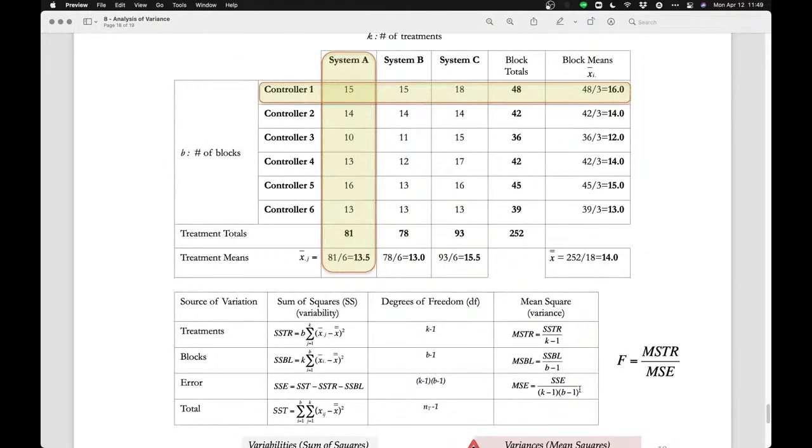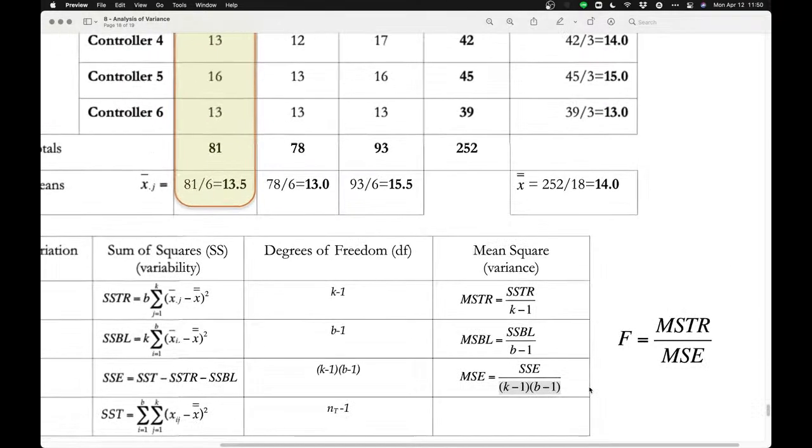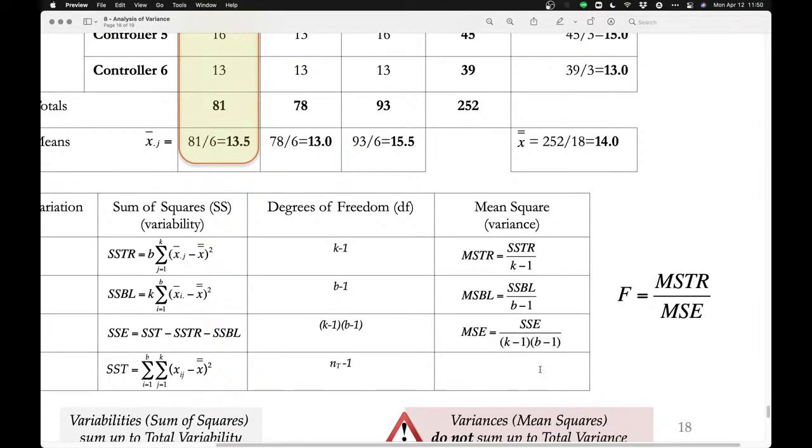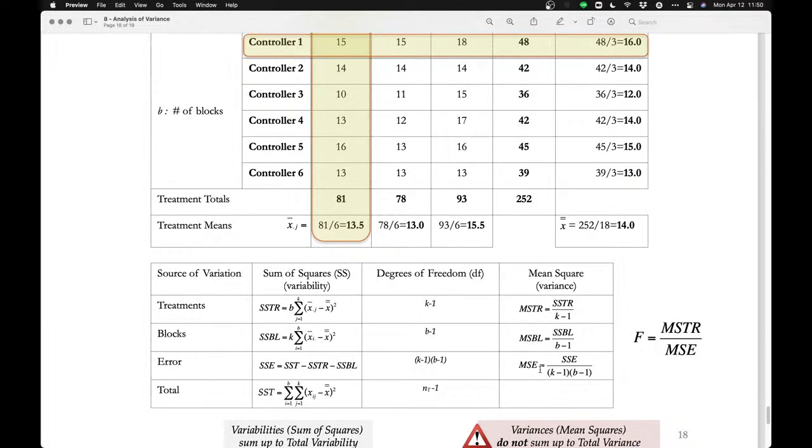All right? Why is that? The reason is in the degrees of freedom. When you divide each of these by a different denominator, they're not going to add up to the total variance. Okay? So that's one of the reasons when we talk about dispersion, I keep talking about variability and variance. They're both useful.